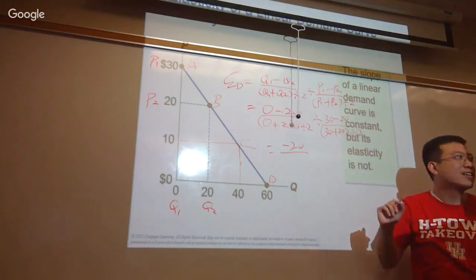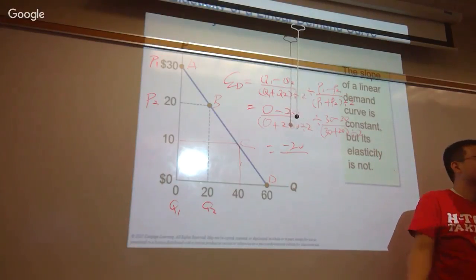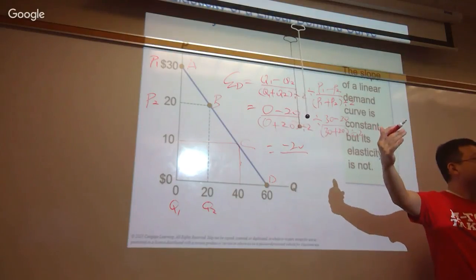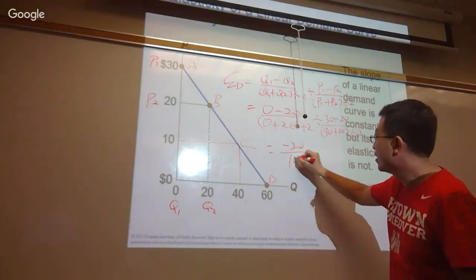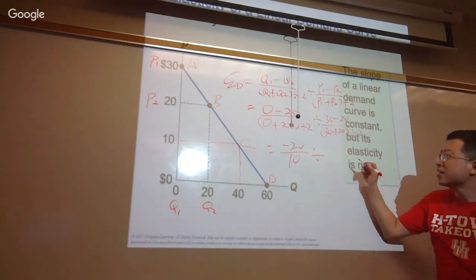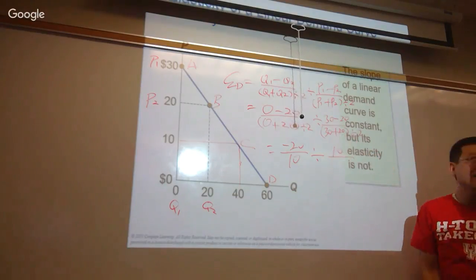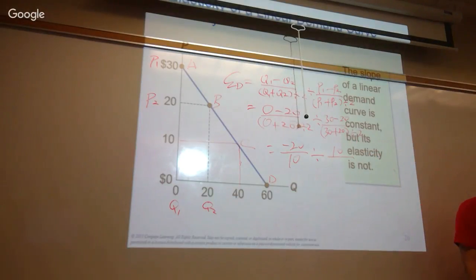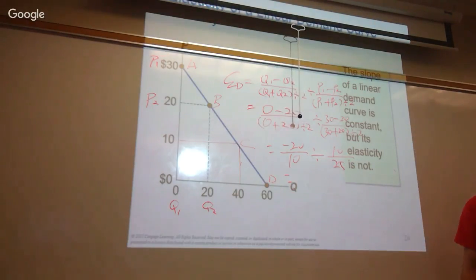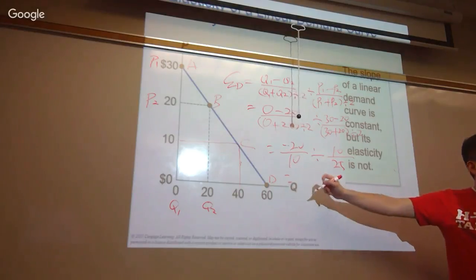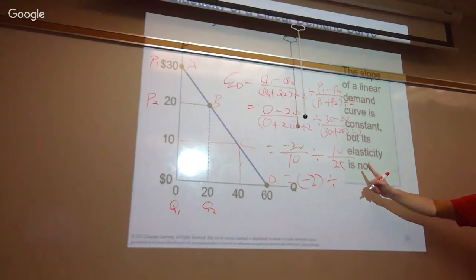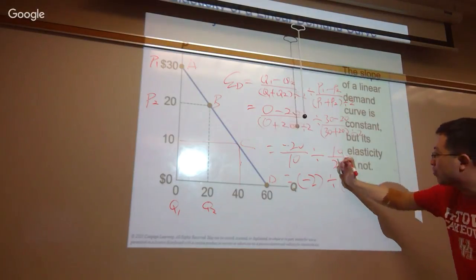What's 0 plus 20? 20. 20 divided by 2? 10. So minus 20 over 10. And then 30 minus 20? 10. 30 plus 20? 50, divided by 2? 25. So 10 over 25. All right, now let's do the calculator. Minus 20 over 10 will be minus 2. 10 over 25 will be 0.4.